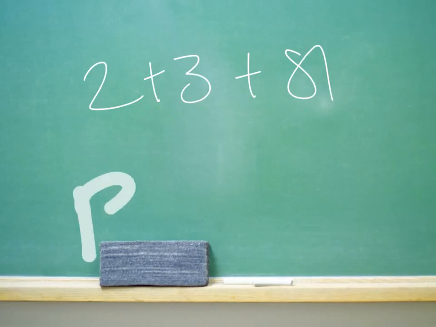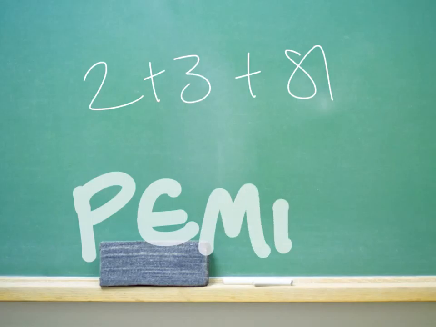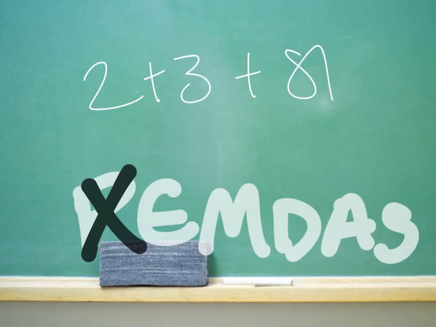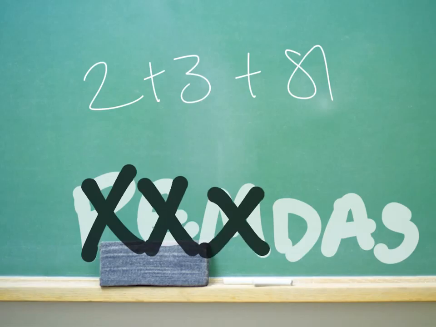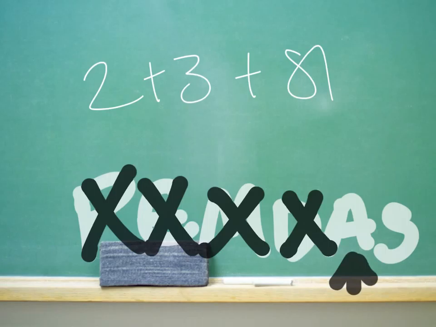And remember, PEMDAS, right? So what have we done here? We have finished parentheses, exponents, multiplication, division. Our next one is addition. So for addition, we're going to take 2 plus 3 plus 81.